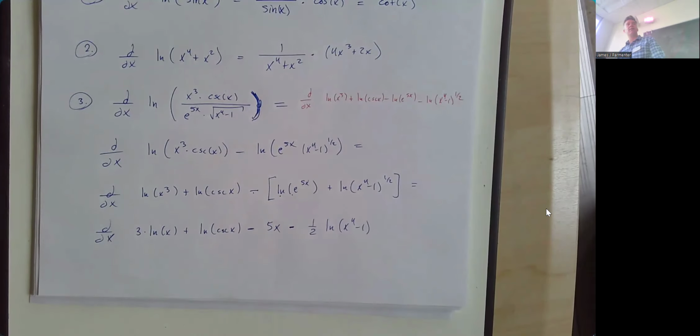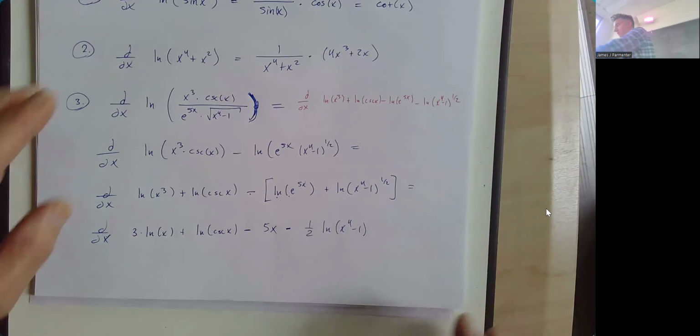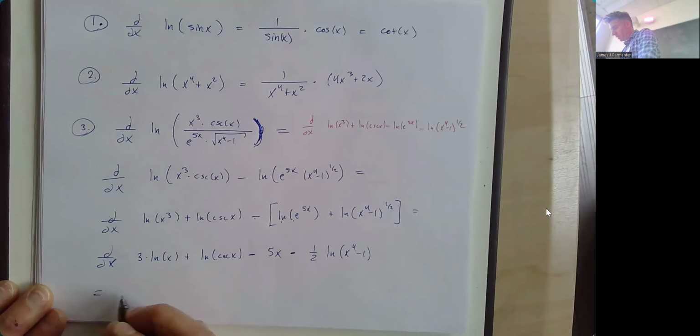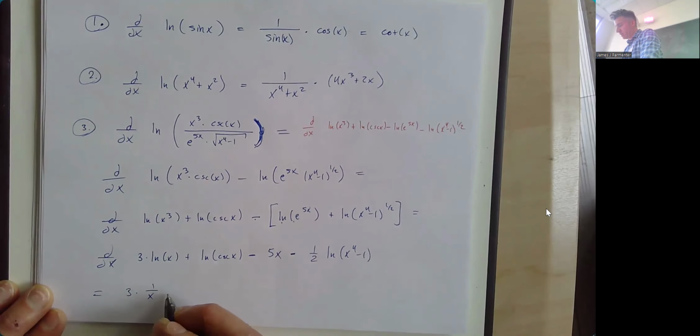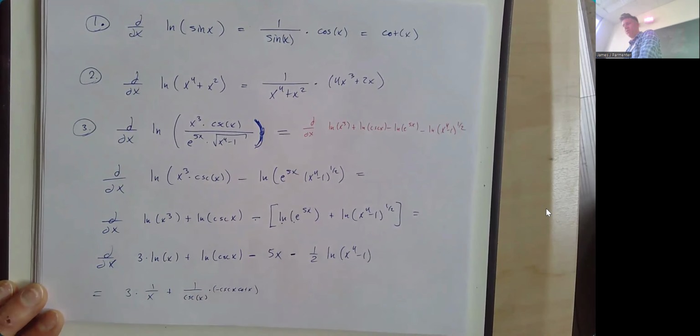And then finally, we get to take the derivative, right? All of this was simplification, so we had to write this derivative symbol every time. And now we're actually going to differentiate this whole thing and get 3 times the derivative of natural log of x, which is 1 over x. The derivative of the natural log of cosecant of x is 1 over cosecant of x times the derivative of cosecant of x, which is negative cosecant of x times cotangent of x, which will end up being negative cotangent.